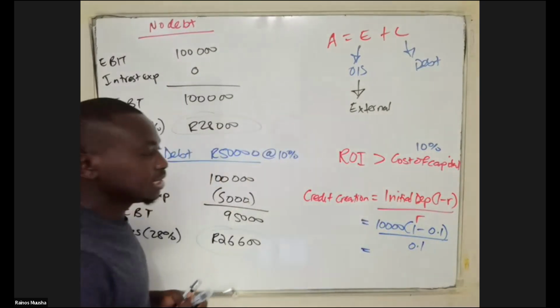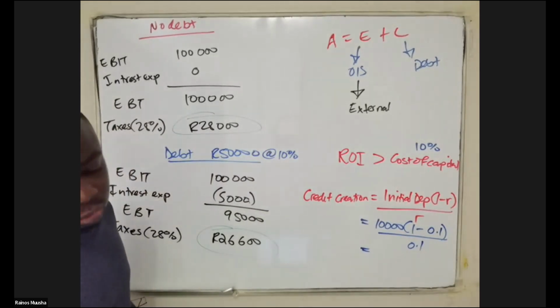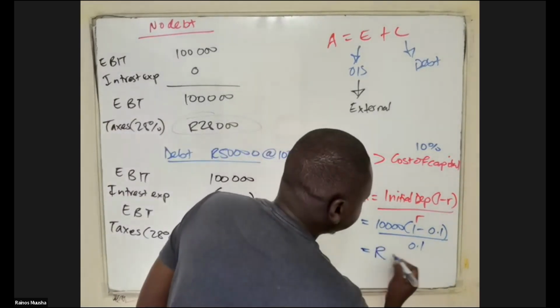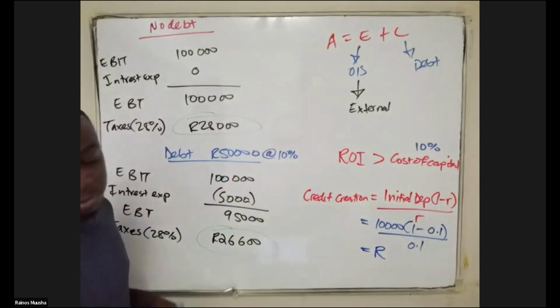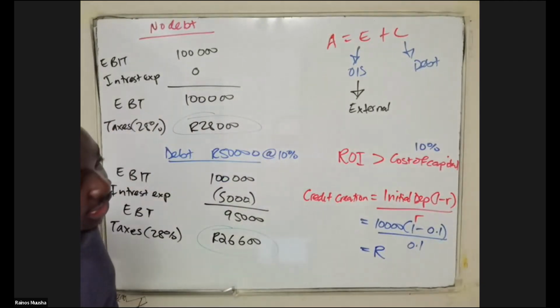So in this case, how much is the credit creation that we have? How much credit have we been able to create from the initial deposit of 10,000? If you do the calculation, how much do you get?